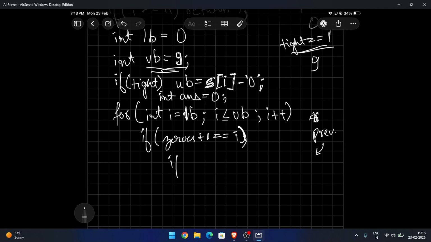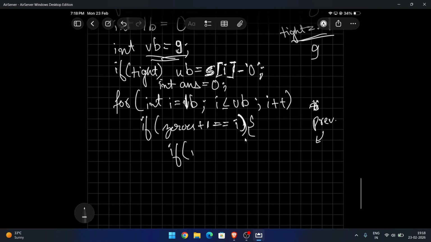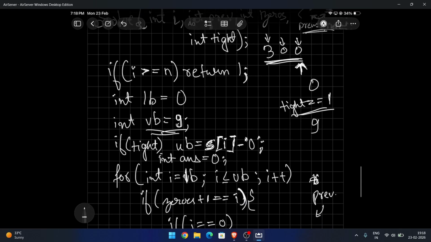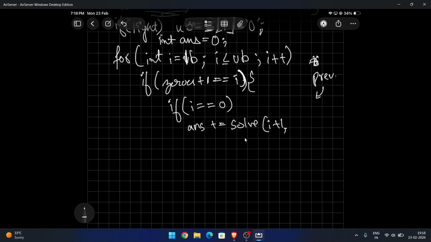So if this condition holds, then if the current number is also 0, what would we do? We would pass on I plus 1. Now the current number is 0, so previous would become 0.